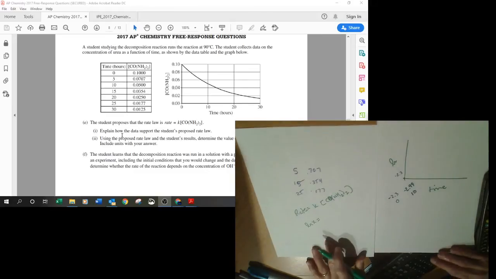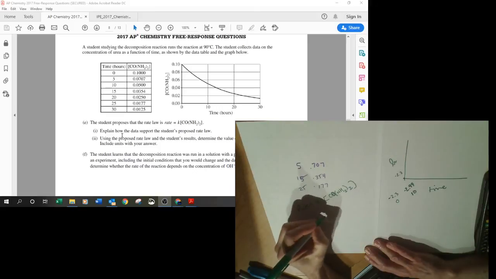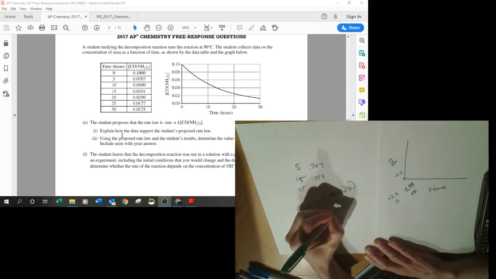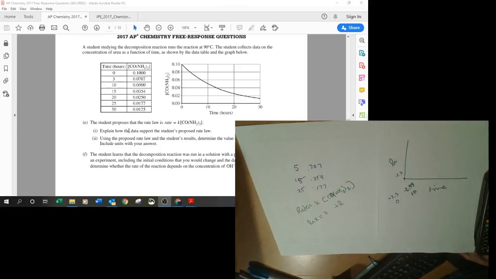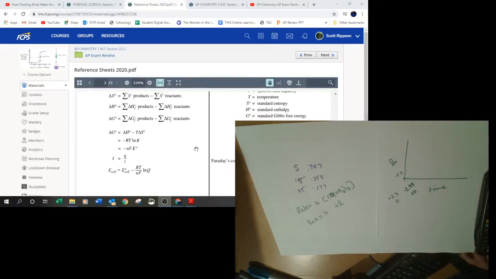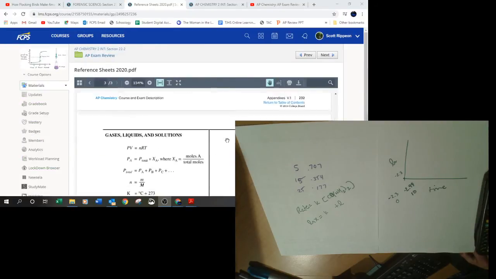So now we go back to what I was saying. Natural log x equals the slope. I mean, it's y equals mx plus b. Why am I having a brain fart? I have not been at school enough. I am tired.